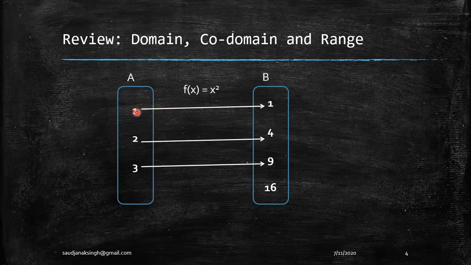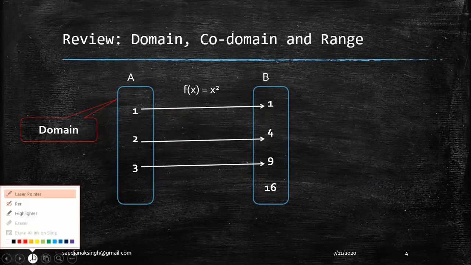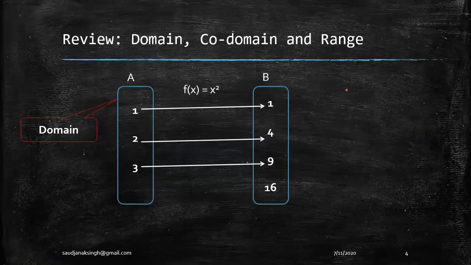So 1 square is 1, 2 square is 4, 3 square is 9, but 16 has no pre-image, no problem. The set A is called the function domain. Normally the function is written as f from set A to set B. This is the domain, and set B is the codomain.